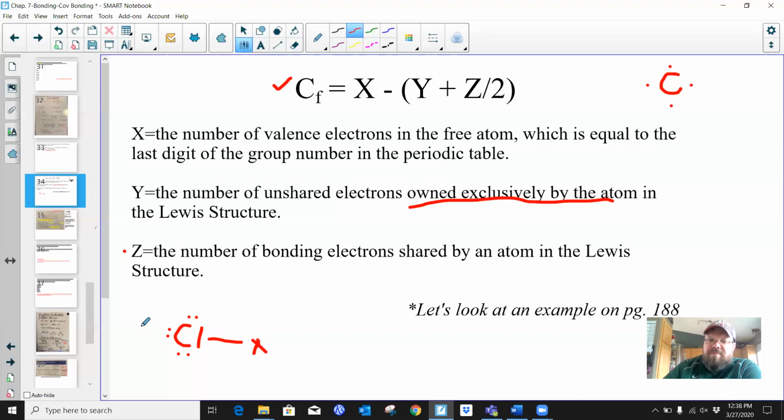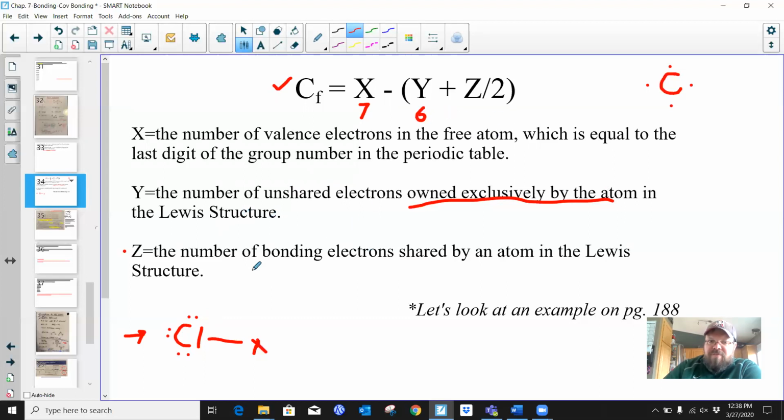Let's take a look at this example that I've just drawn up and walked you through. The X value for chlorine, which is in group 17, is 7, since it has 7 valence electrons as a free atom. The Y value, the number of unshared electrons owned exclusively by the atom in the Lewis structure, is 6.